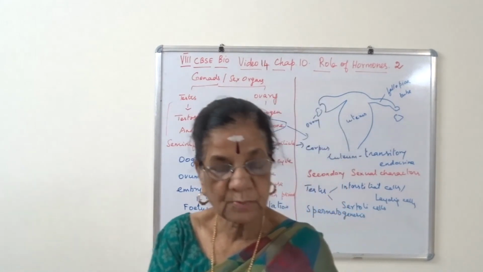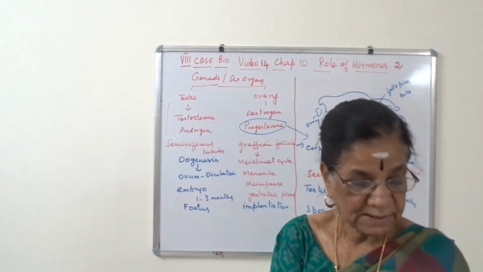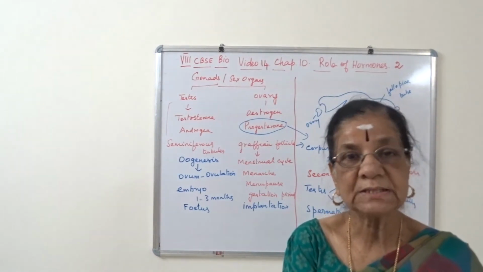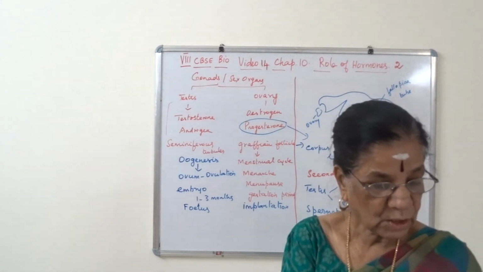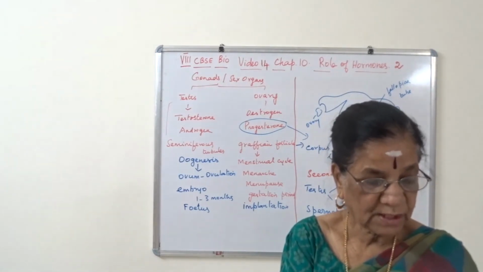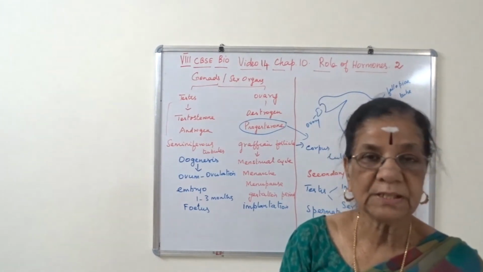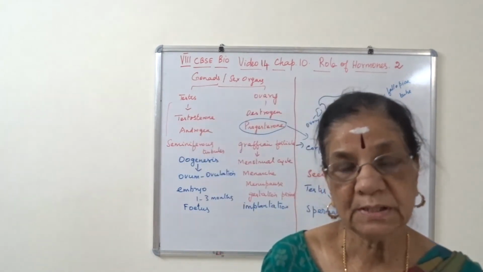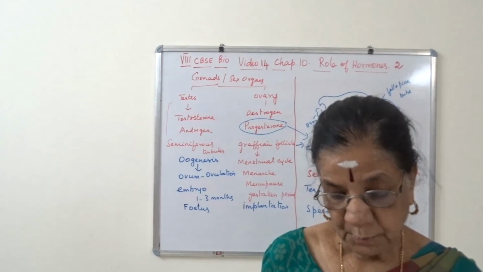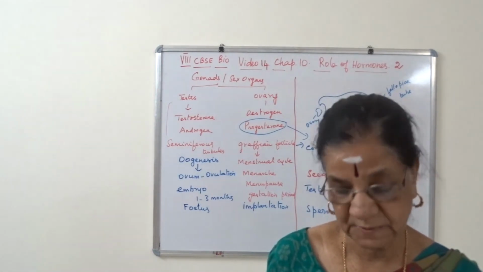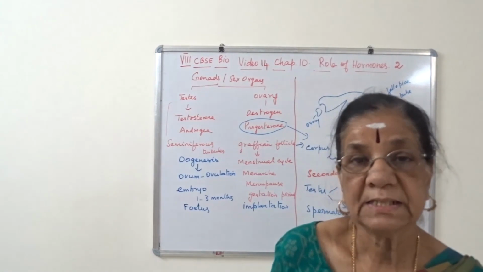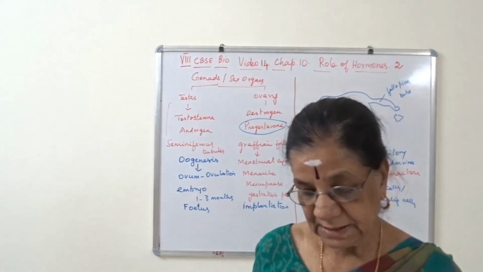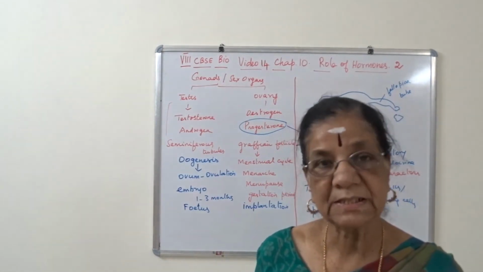Now, the male hormone, also known as testosterone, begins to be released by the testis at the onset of puberty. This causes changes in boys, about which we have learned, such as growth of facial hair. Once puberty is reached in girls, the ovary begins to produce female hormone estrogen, which makes the secondary sexual characters, begins development of the breast. Right? Milk secreting glands or mammary glands develop inside the breast.